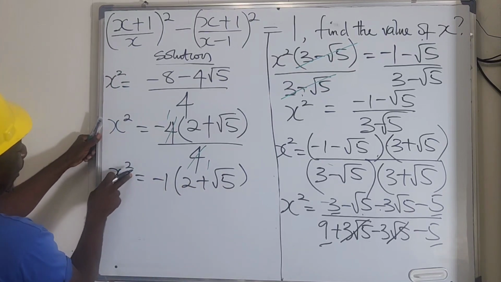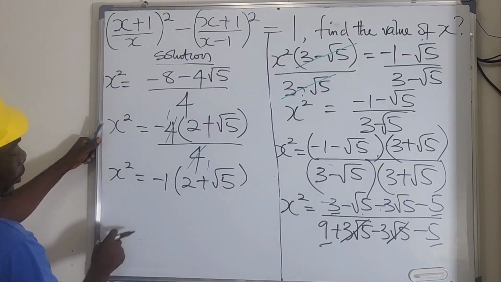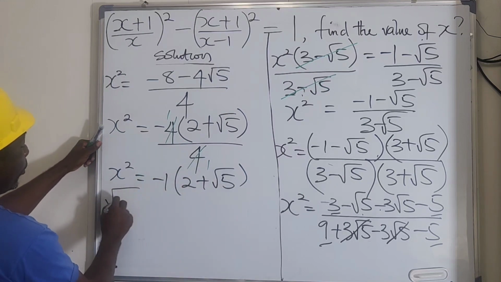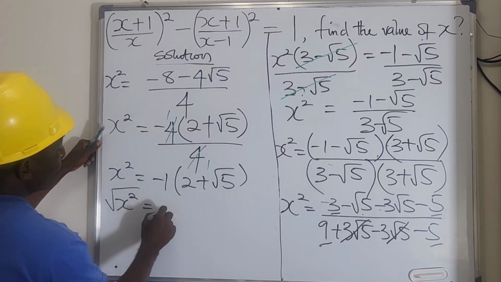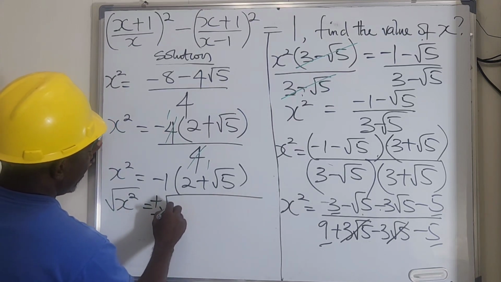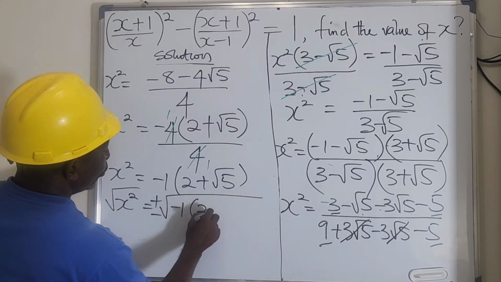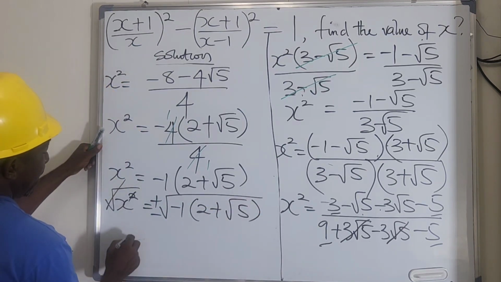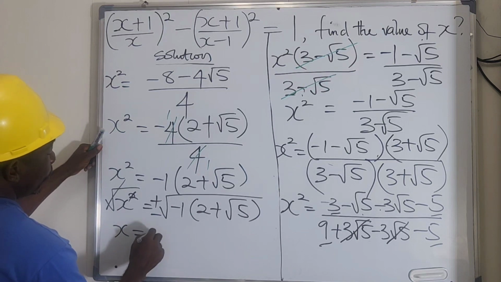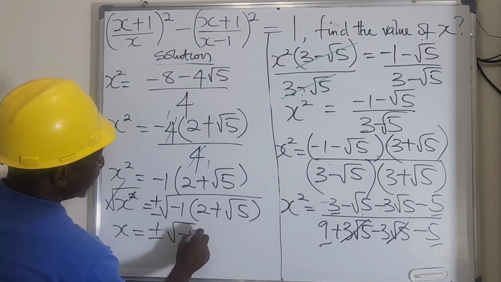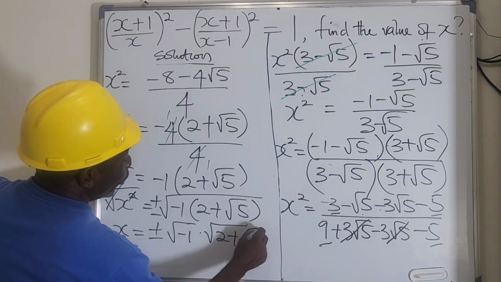For us to clear the power of 2, we need to introduce the square root of both sides. So the square root of x squared equals plus or minus the square root of minus 1 times 2 plus root 5. So x equals plus or minus root minus 1 times root 2 plus root 5.